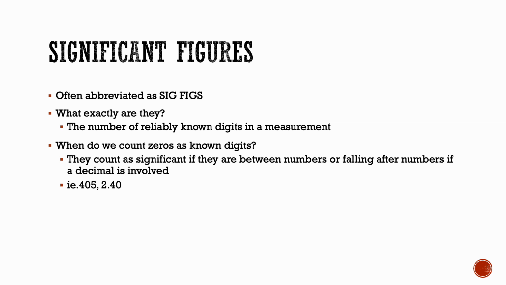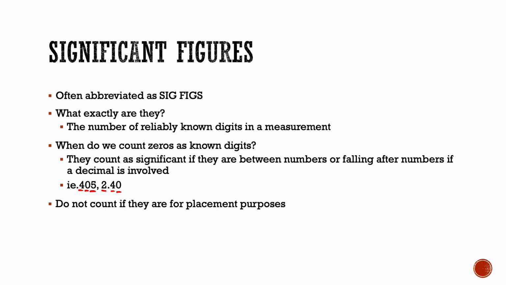The 4 is significant, the zero between the two numbers is significant, and the 5 is a digit, so all three of these numbers are significant. So this has 3 significant figures. This one here, 2.40, the zero is showing us we have measured to the nearest hundredth. So we once again have 3 significant figures here. We'd count our zero in this case.